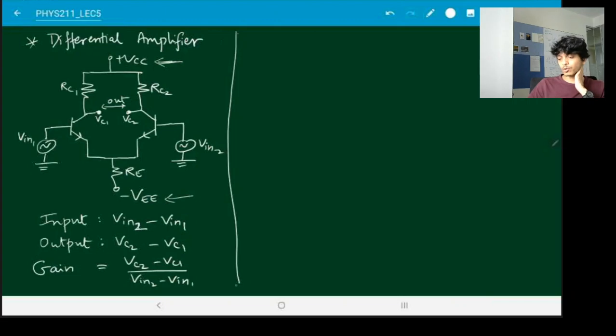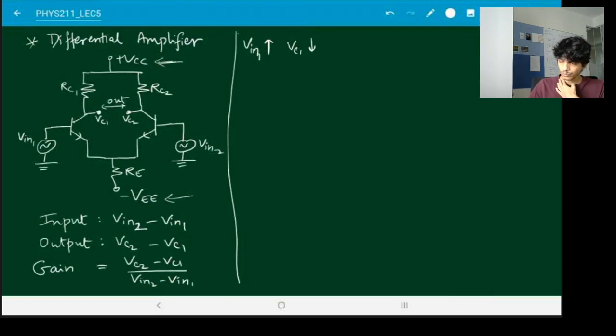Okay. So the important thing to note over here is that as you increase Vin1, you will notice, and we have discussed this once or twice already, Vc1 will decrease. So when you increase the input at the base, then the collector voltage decreases, coming from the load line equation.